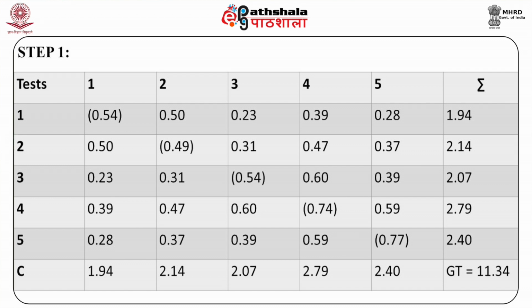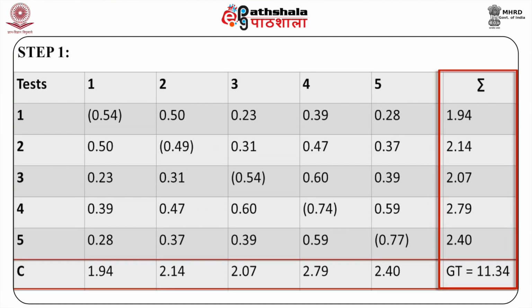0.23 plus 0.31 plus 0.54 plus 0.60 plus 0.39 is equal to 2.07 for test 3. For test 4, 0.39 plus 0.47 plus 0.60 plus 0.74 plus 0.59 is equal to 2.79. 0.28 plus 0.37 plus 0.39 plus 0.59 plus 0.77 is 2.40 for test 5.